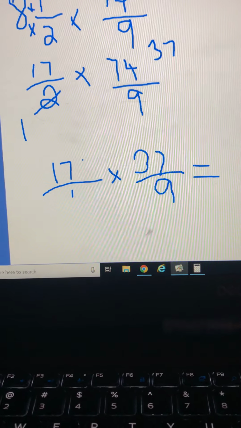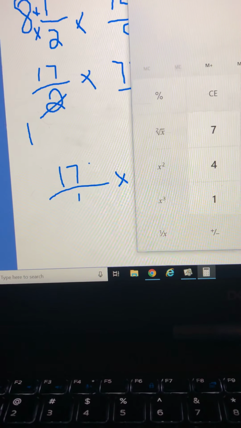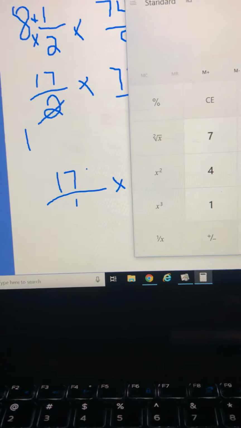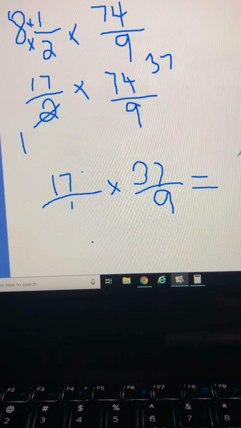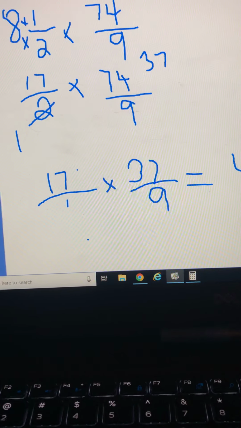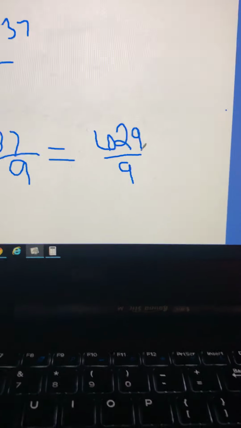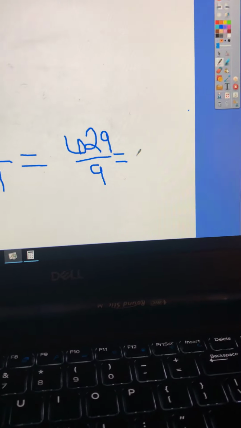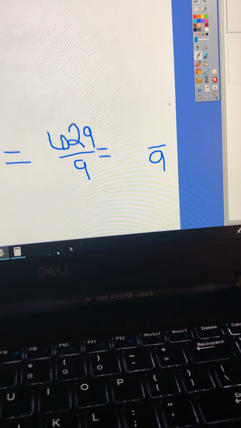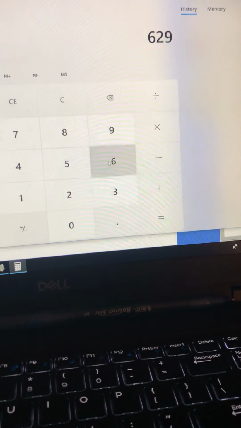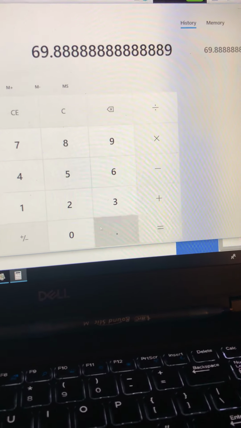Okay, 17 times 37, I'm not even going to pretend that I can do that in my head. We're going to flip over here to the calculator. Would you do the calculator or would you do scratch paper? Scratch paper is the correct answer, so we have 629. Okay, would I leave that improper fraction? No. Again, I would see how many times 9 would go into that, and I'm going to make 9 my denominator. I would typically use scratch paper, but for the sake of the time of the video, I am making it shorter.